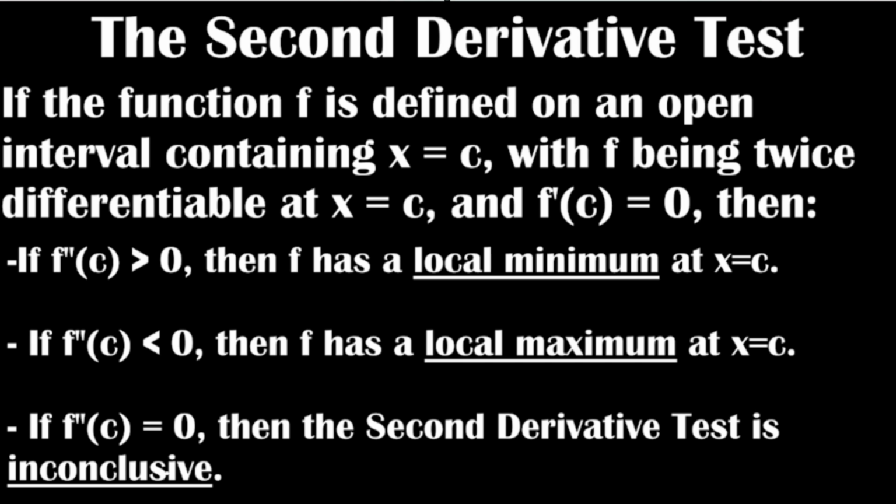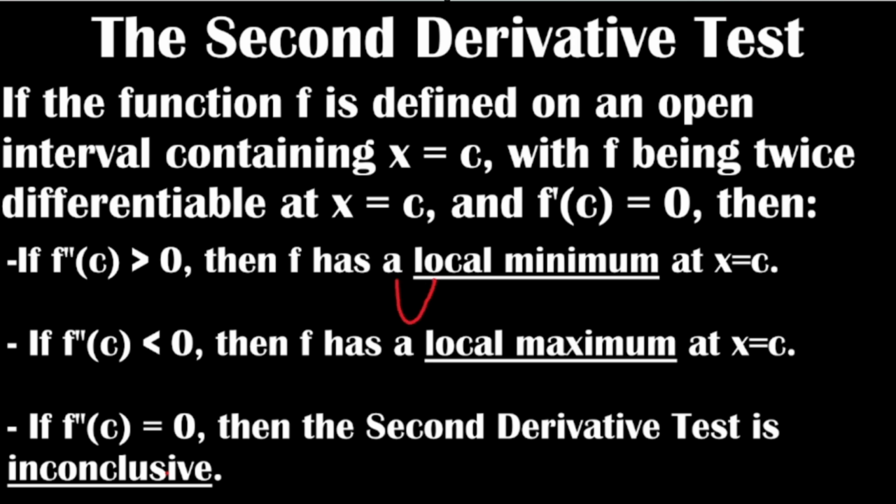Then if f double prime of c is greater than 0, so the second derivative of f of x at c is positive, then f must have a local minimum at x equals c. So what this is saying basically is if f is concave up at x equals c, then that has to be a minimum. So recall, a concave up shape kind of looks like this.